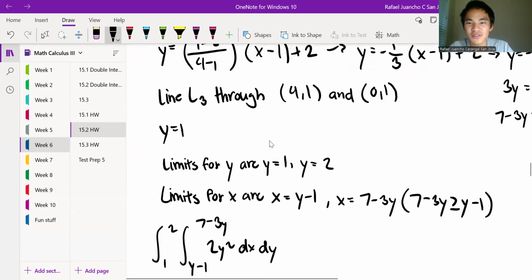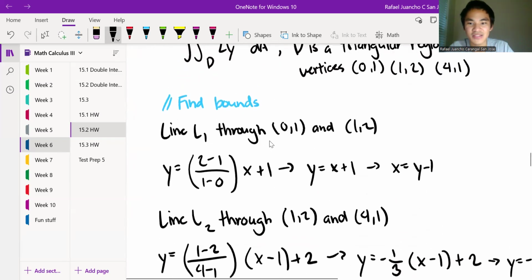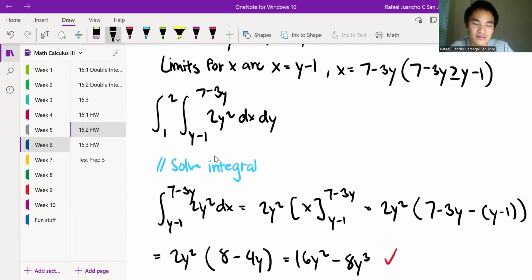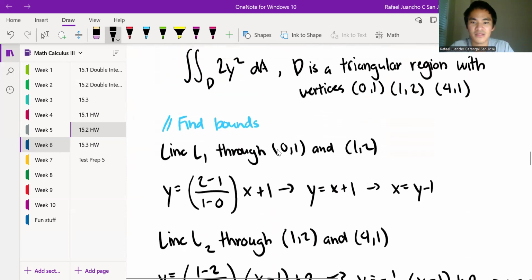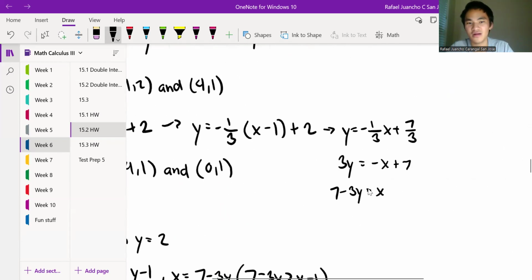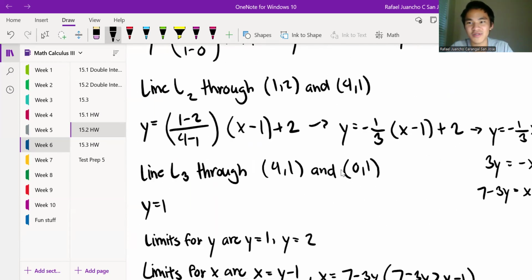But then how do we know which one's the bigger one from x, which goes from 0 to 4? How can we tell? Well, if we plug in 0 to 1 here, that's for x. 0 to 1. Here, 1 to 4. So this one's obviously bigger.